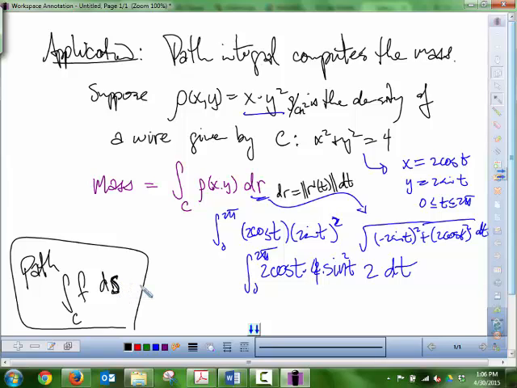Later on, we're going to be dealing with the ds that's capital S. We're going to be integrating over a surface. Here we're integrating over arc length. So we're integrating over curves, and so we're using the arc length way of integrating.